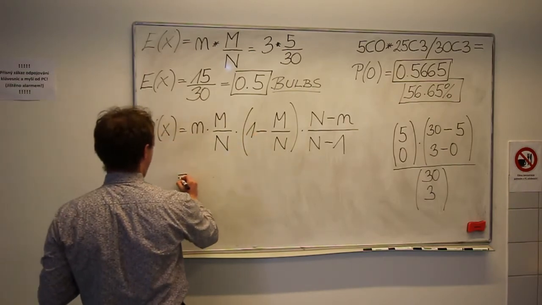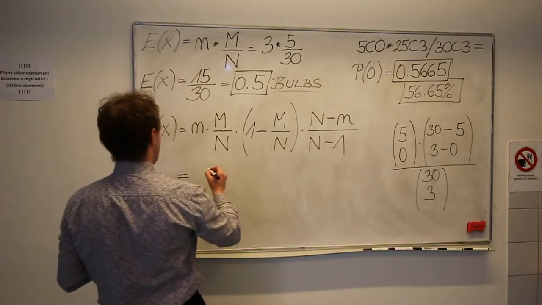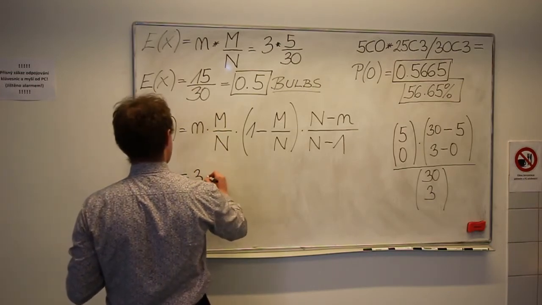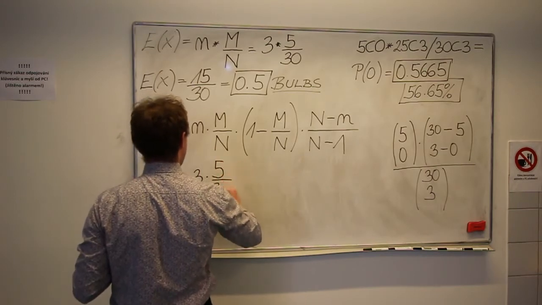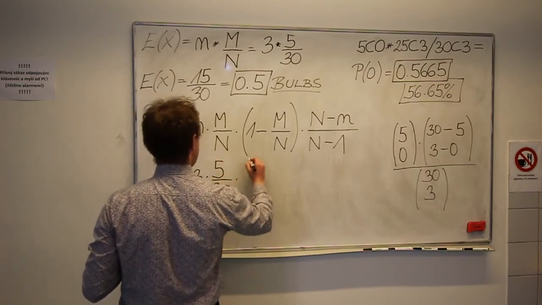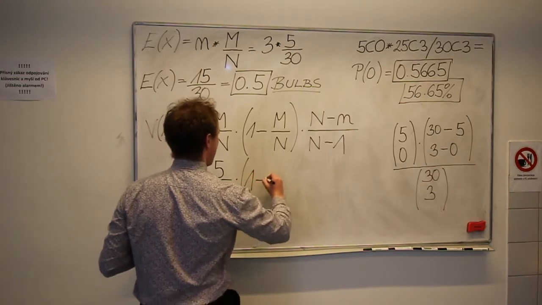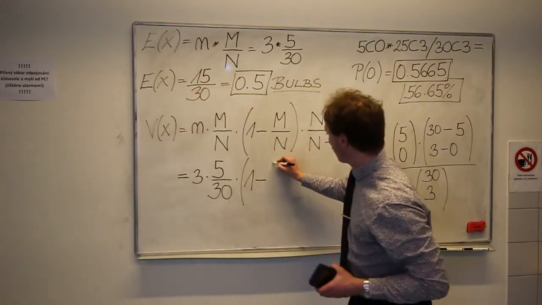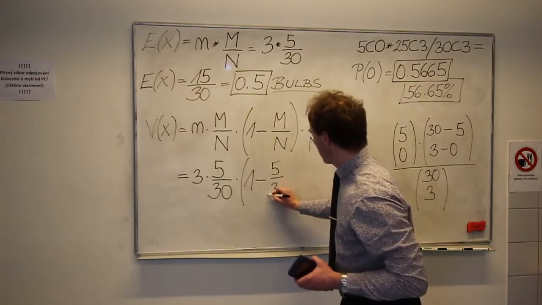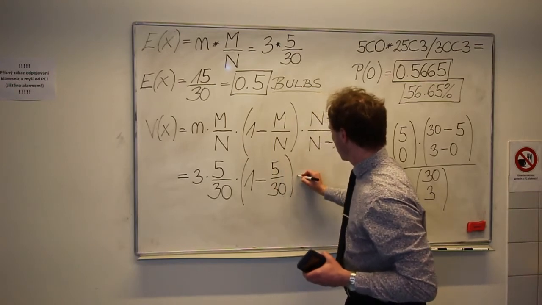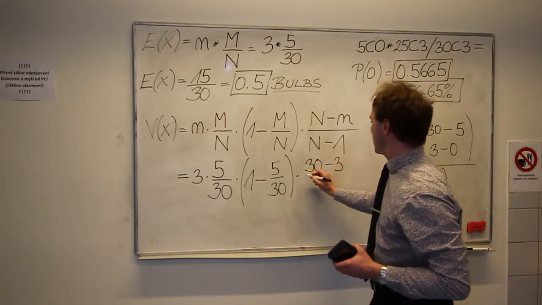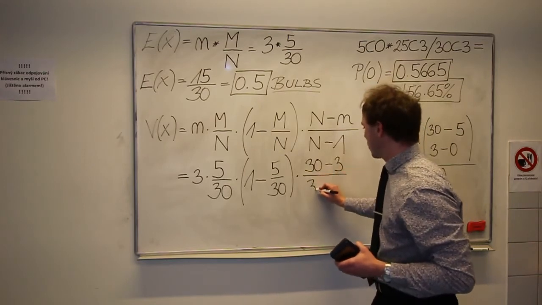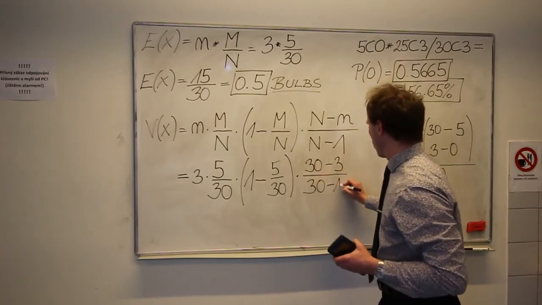So in our situation, 3 times 5 divided by 30 times 1 minus 5 divided by 30 times 30 minus 3 divided by 30 minus 1.